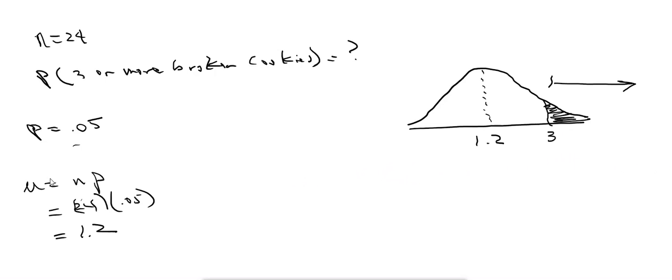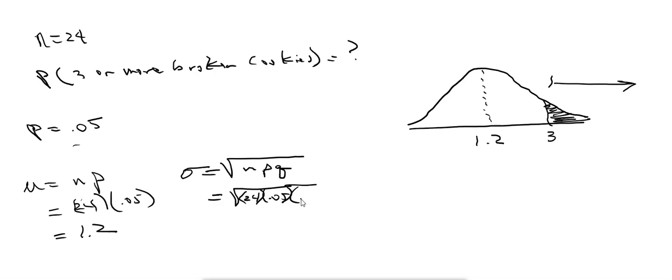I've got my mean, but I don't have my standard deviation yet. So the standard deviation is the square root of n times p times q, which is equal to the square root of 24 times 0.05 times 0.95.